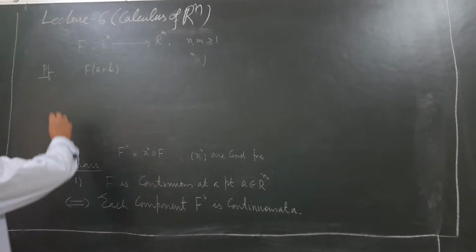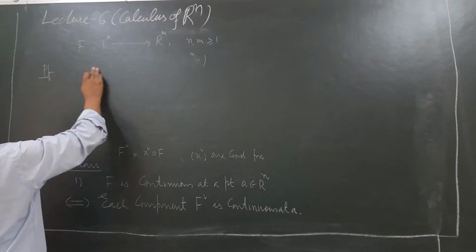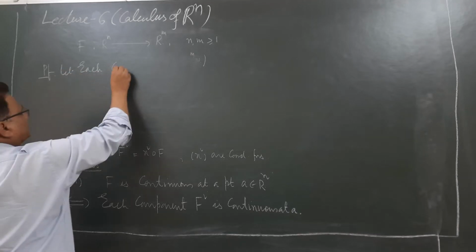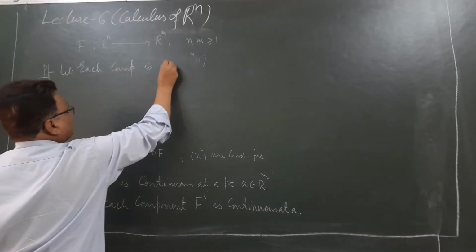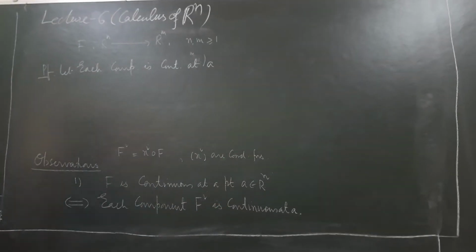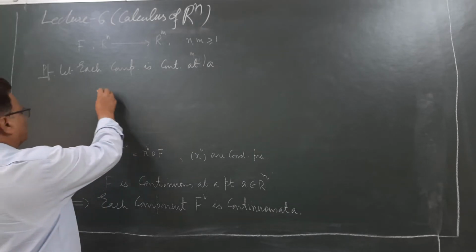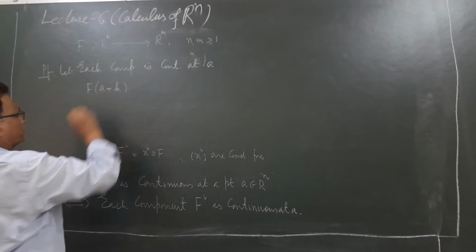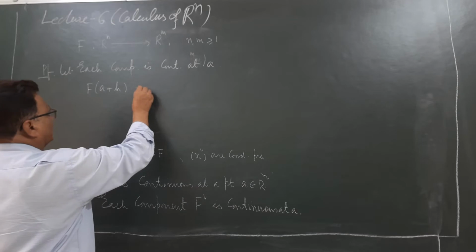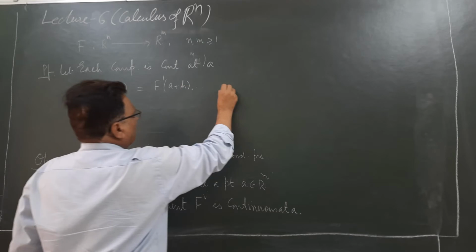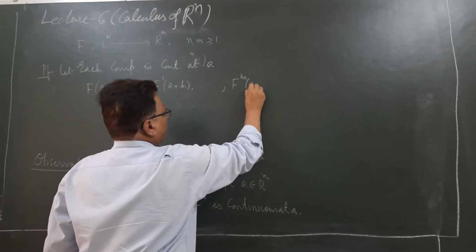First of all, I will assume that each component is continuous at A. Then I will show that f is continuous at A. So, let us consider f of a plus h. By definition, that will be (f1(a+h), and so on, fm(a+h)).